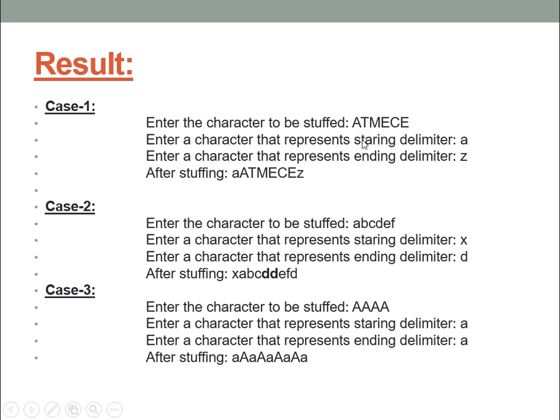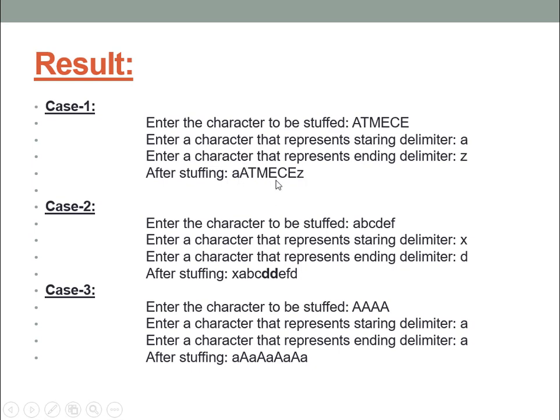I need to say which delimiter I'm going to use, to differentiate this frame from another frame that is going to arrive. So I have taken a starting delimiter, which is A, and an ending delimiter, which is Z. So the frame I receive will have the information A, ATMECE, Z. This A and Z indicate that ATMECE is a single frame.